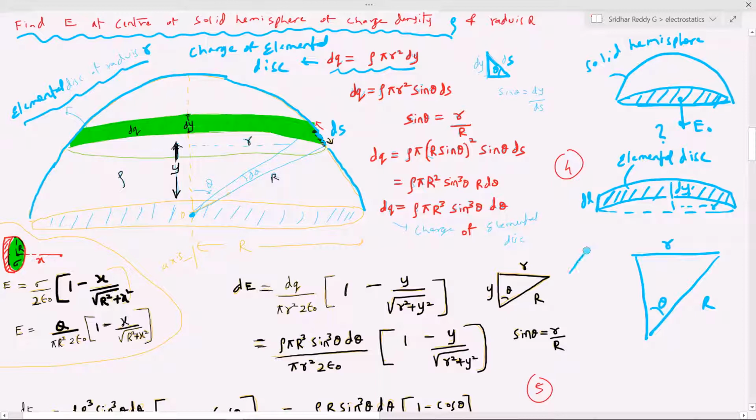I'm showing all the things so that it will be very easy for you. So ds equals R d theta. Finally, I'll get rho pi R cube sine cube theta d theta.